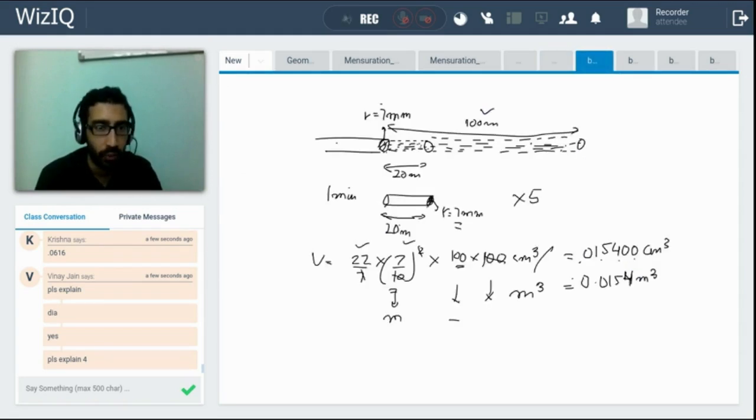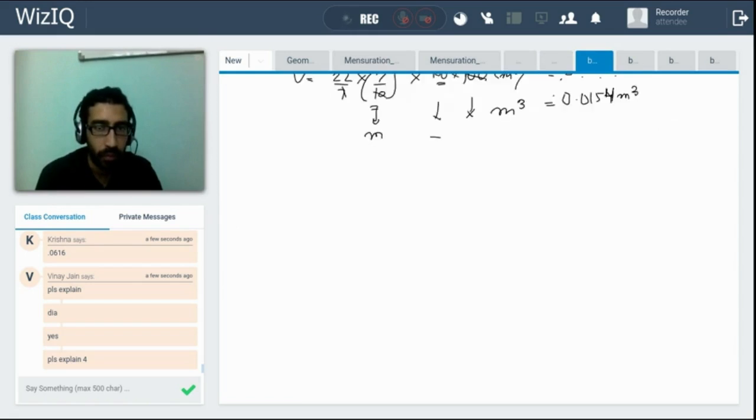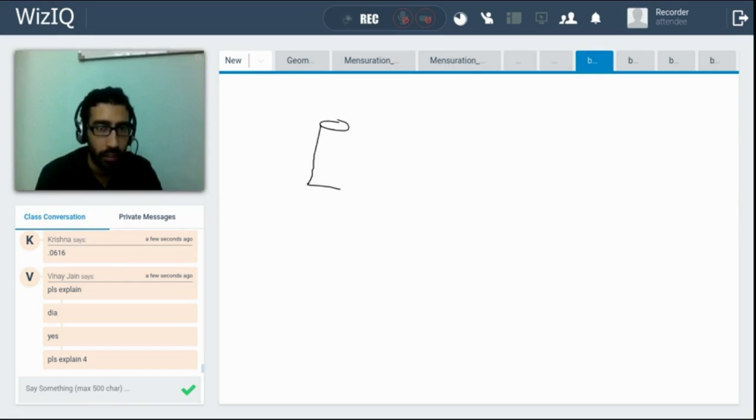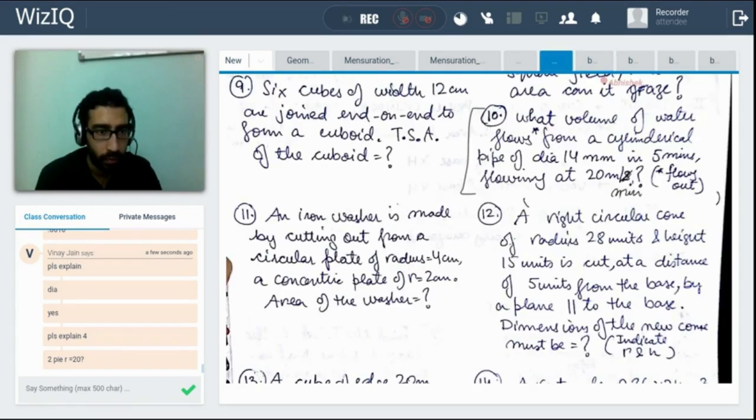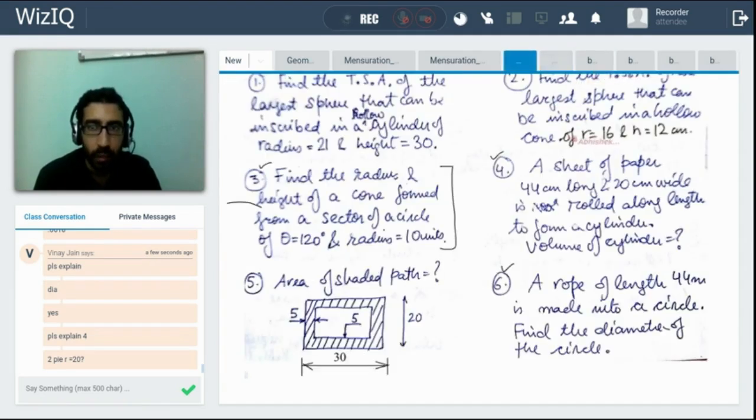What we had discussed, if you remember, was that you take a cylinder, cut it, and convert it to a sheet like this. So rolling along the length means this is the side being rolled. So 2 pi r becomes 44.